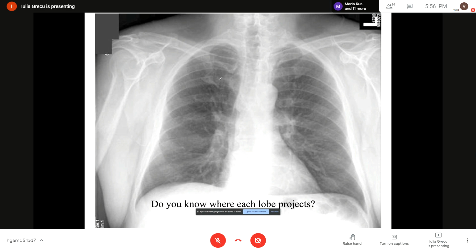What we have to do, in case we have a lesion, is to try to determine where it is situated in the lungs.